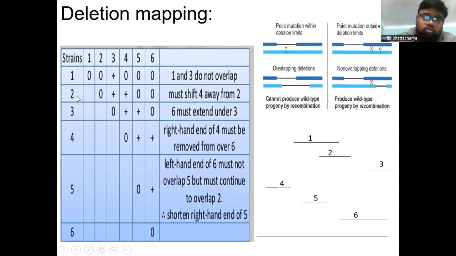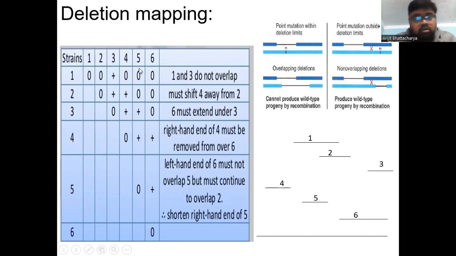Similarly, for 2, if you co-infect with 1, 3, 4, 5, and 6, and you get recombinant for 3 and 4, that would mean that 4 is away from 2, and 3 is also away from 2. Similarly, for 3, if you get recombinant only with 4 and 5, that would mean that 1, 2, and 6 are overlapping with 3, and 4 and 5 are non-overlapping with 3.